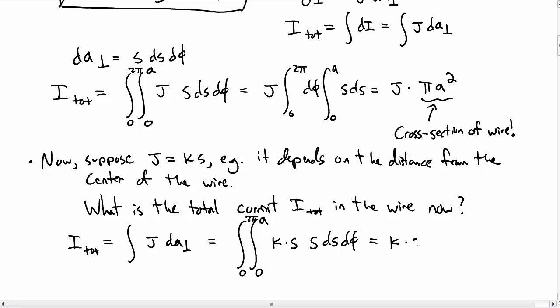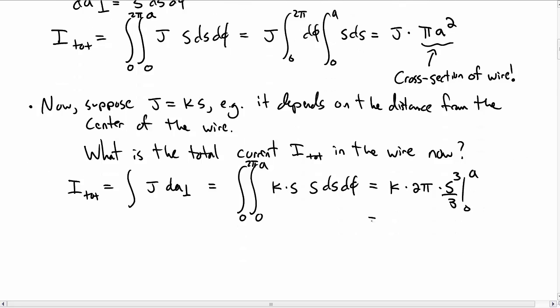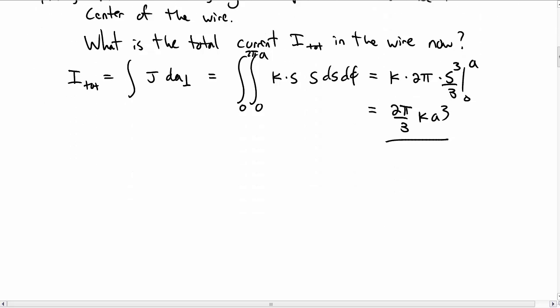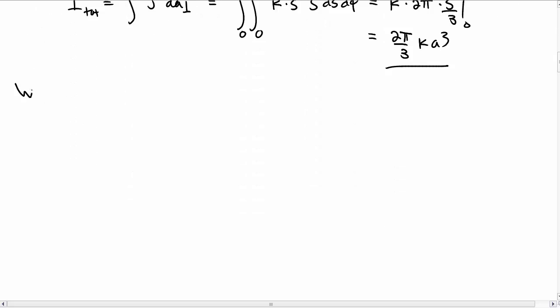So the integral looks slightly different, but the process is the same. We get an s cubed instead of an s squared as before. And so we ultimately get 2 pi over 3 K a cubed for our total amount of current. So that's how we would go from a volume current to the total current in that wire.